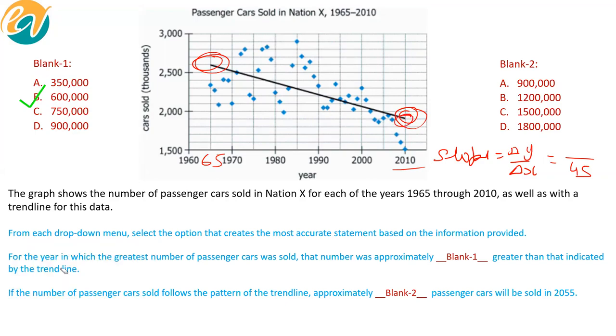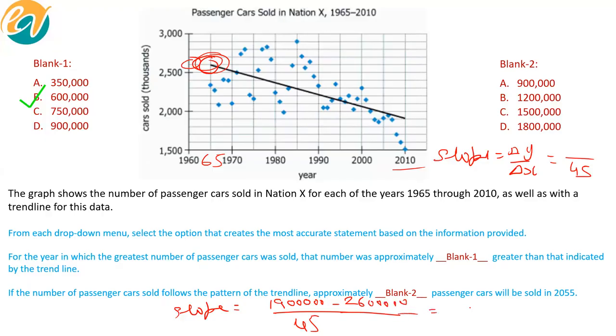Okay, I'm getting all confused here. How much will this value be? 1900, correct? So actually, let's be very clear. Slope is equal to dy by dx. So dx is 45 years, and dy is 1,900,000 minus how many cars were sold in 1965? 2,600,000.